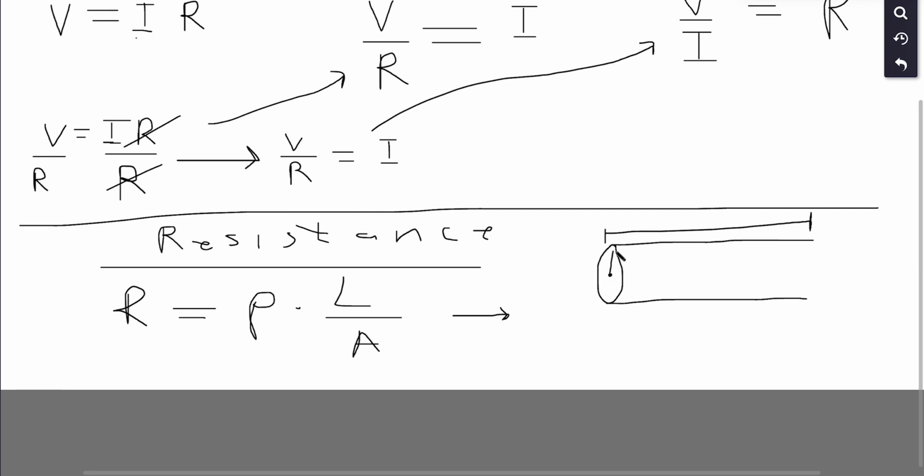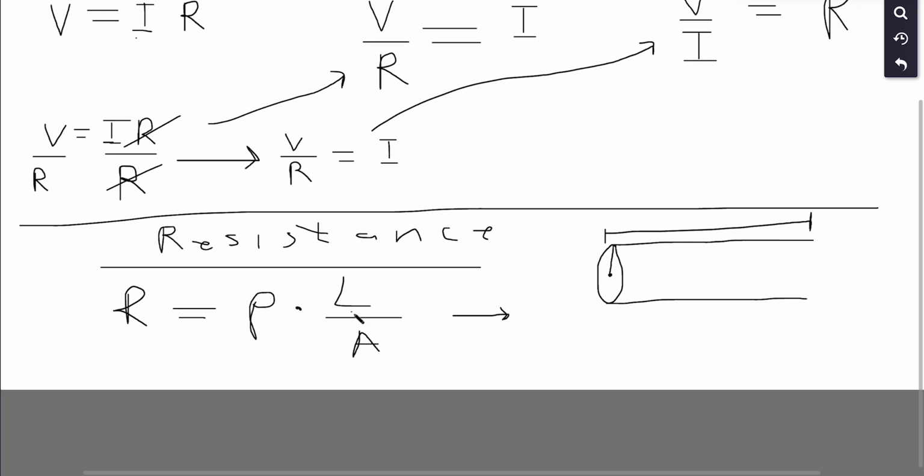If you wanted to solve for the area, you could use pi r squared to get this area. And then this Greek letter here represents the resistivity of the material.